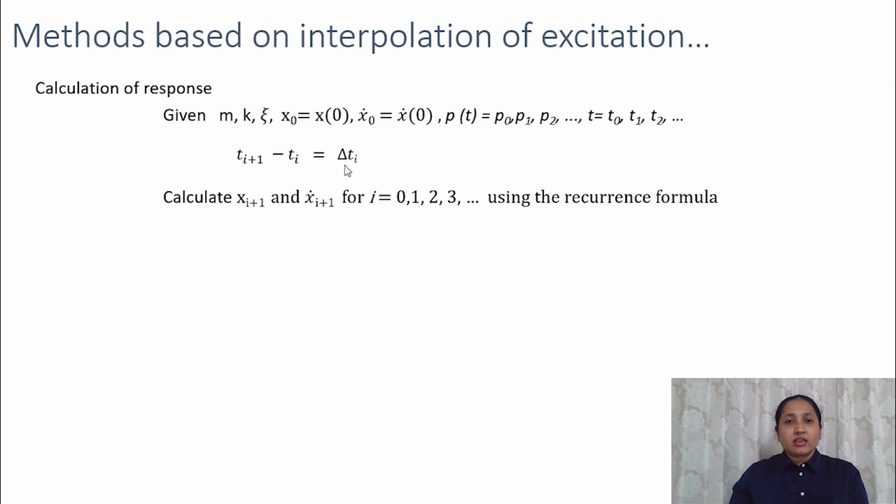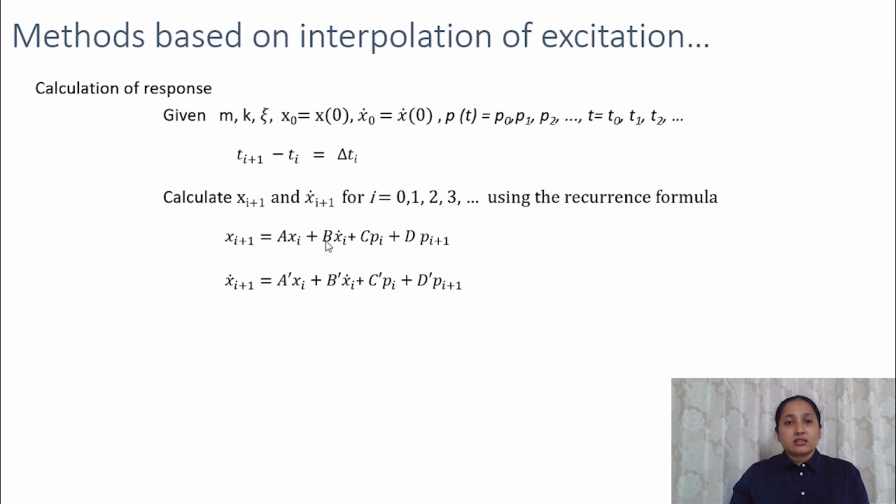We can calculate the time step, that is delta ti, as the difference between time i+1 minus ti. That would be the time step, and we can calculate the displacement and velocity response at each instant using the recurrence formula. This we have seen earlier. So if we know the initial conditions and the forcing function, we can find the response for any time instant.